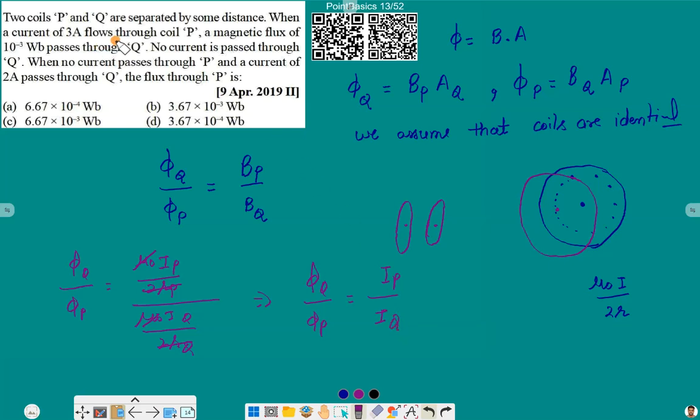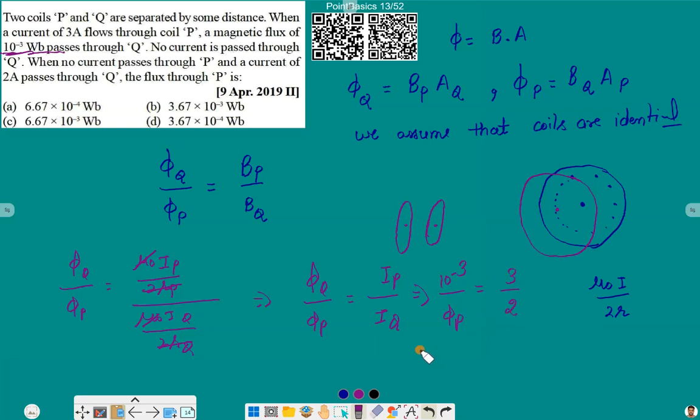And now we have the value of flux at Q. This is the value of flux at Q. So this is 10 raised to the power minus 3, flux at P. Now I in P, that is 3 ampere, and I in Q, that is 2 ampere.